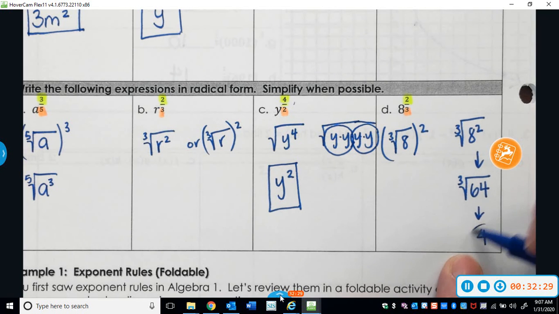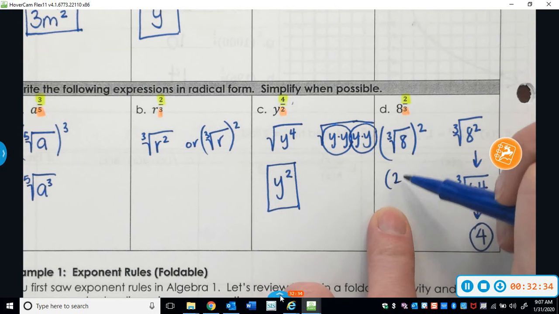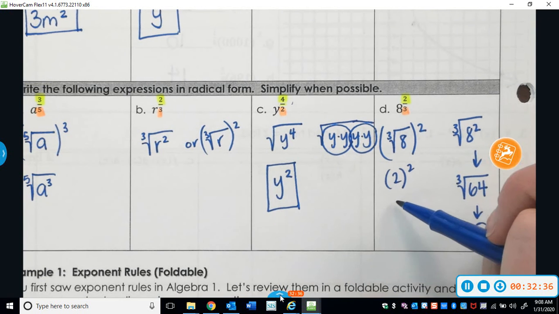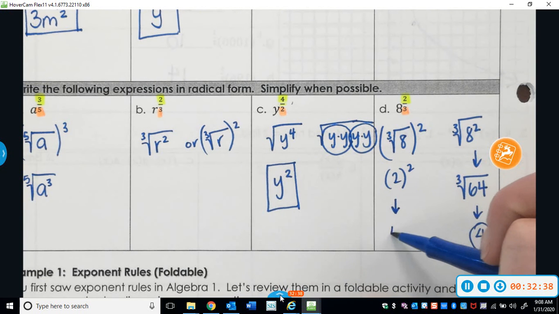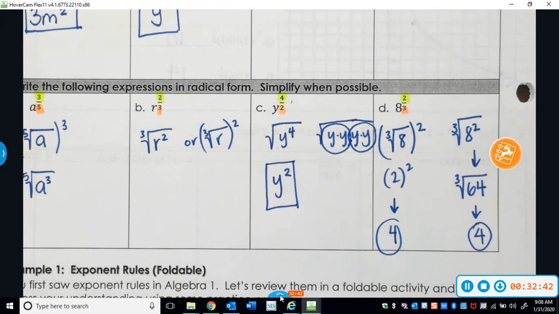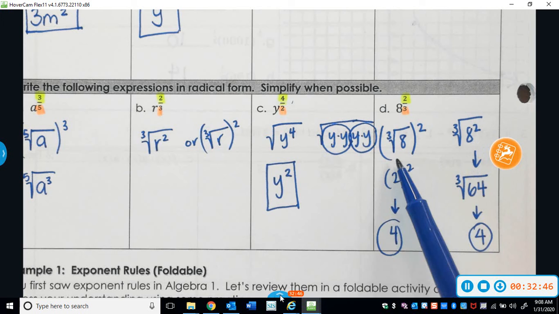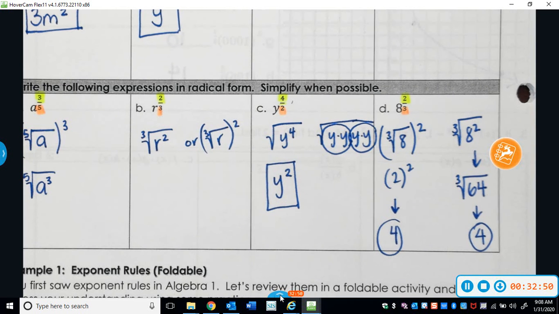Or, what is the cube root of 8? And then when I square that afterwards, what does it give me? So either way, I get the same answer. So that's why these are interchangeable. As you get more comfortable with these, you'll be able to decide which way will be most useful to write it. Questions about that?